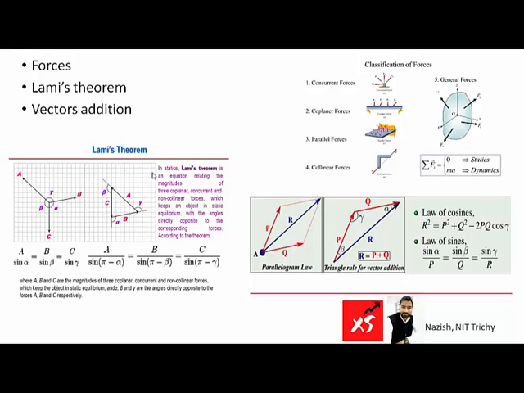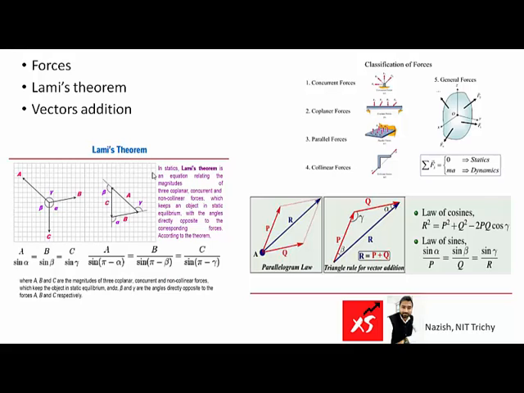In statics, Lamy's theorem relates to the magnitudes of 3 coplanar, concurrent and non-collinear forces which keep an object in static equilibrium. Suppose that there are 3 forces A, B, C which are coplanar, concurrent and non-collinear.